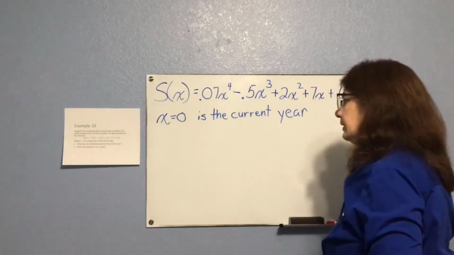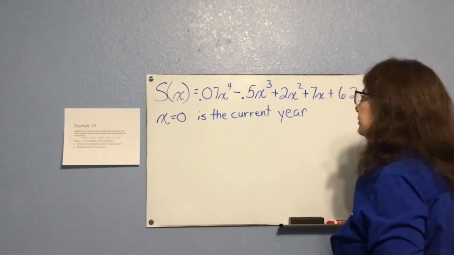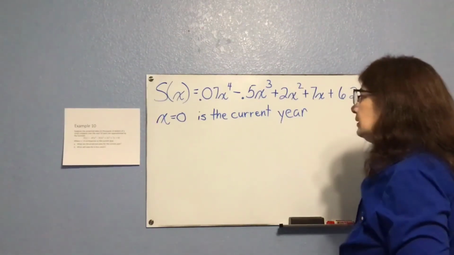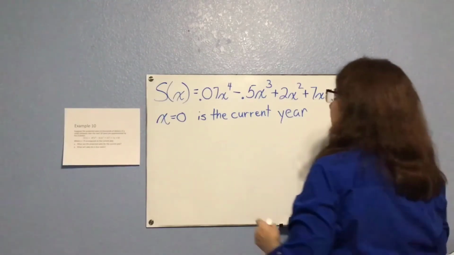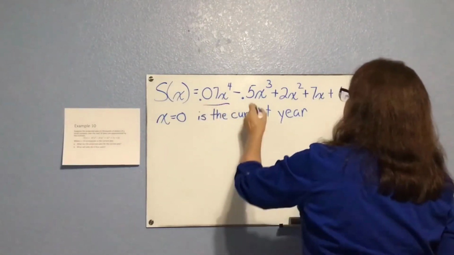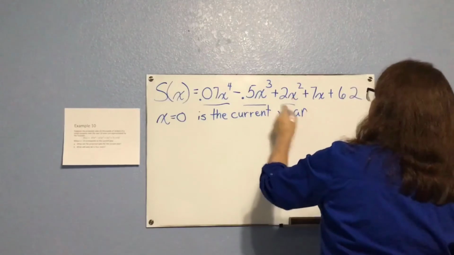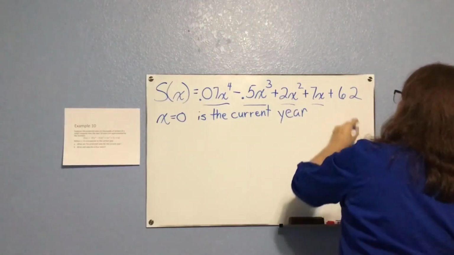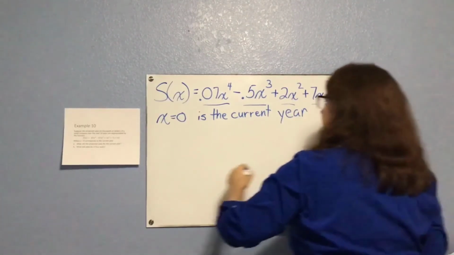And so what are the projected sales for the current year? Well, if x equals 0, this is going to be 0, this is going to be 0, this is going to be 0, this is going to be 0, and all that's left is the 62.